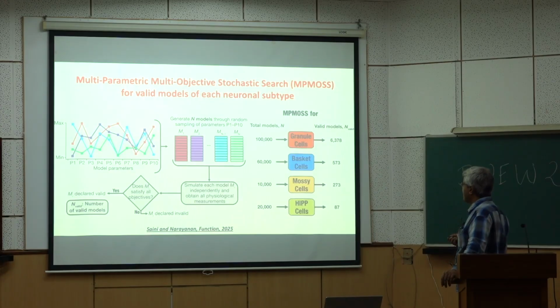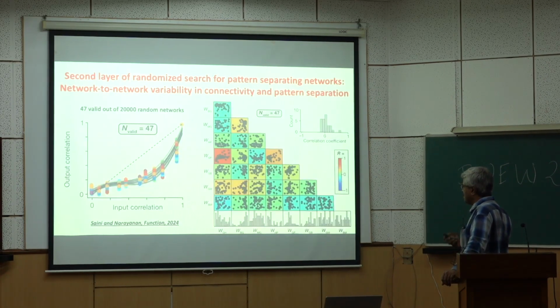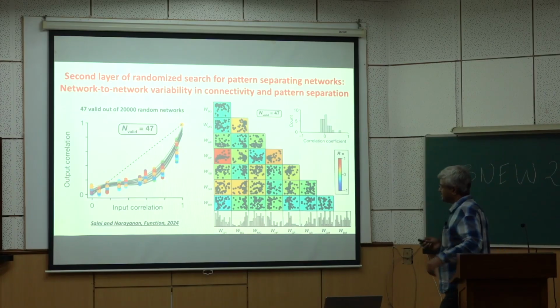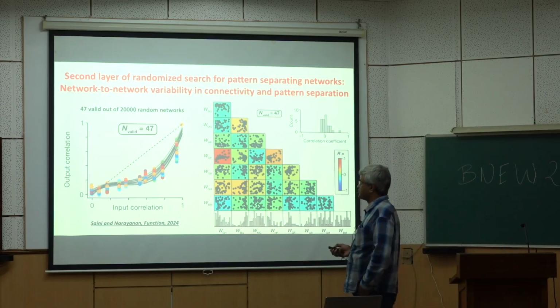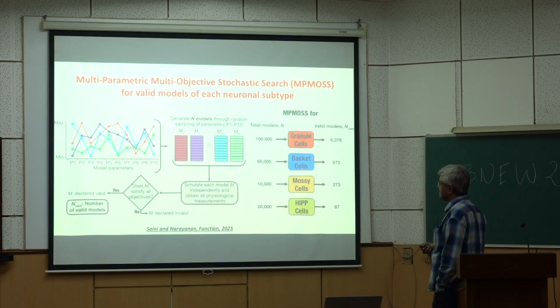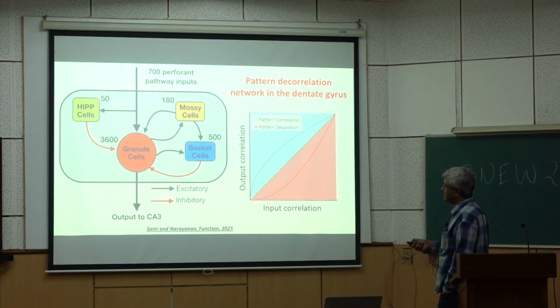Alright, so he has now a bunch of granule cells which were heterogeneous in terms of their parametric and their functional properties, and basket cells same, and so on and so forth. Now what he did was, he repeated the same kind of search, not at the neuronal level, but at the network level basically.